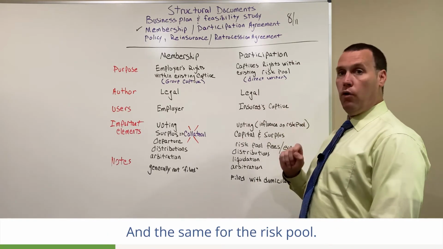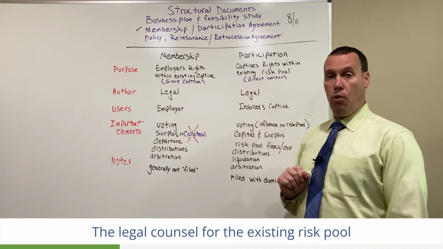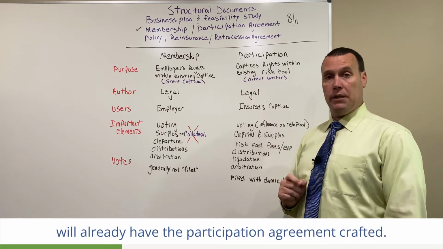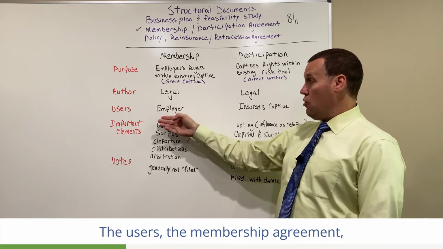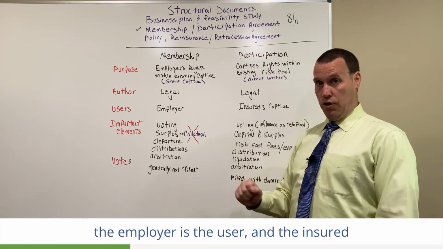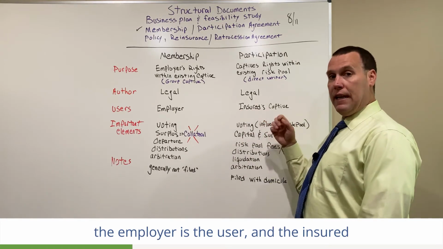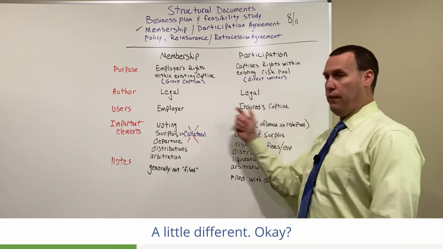And the same for the risk pool. The legal counsel for the existing risk pool will already have the participation agreement crafted. The users: for the membership agreement, the employer is the user, and the insured's captive is the user of the participation agreement. A little different.